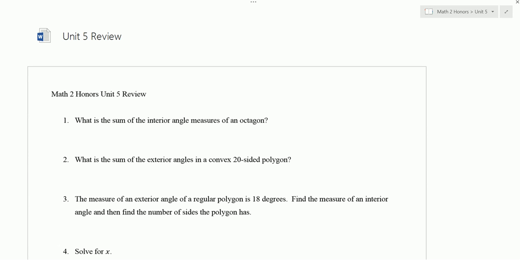Number 1, what is the sum of the interior angle measures of an octagon? First of all, octagon means you have 8 sides.